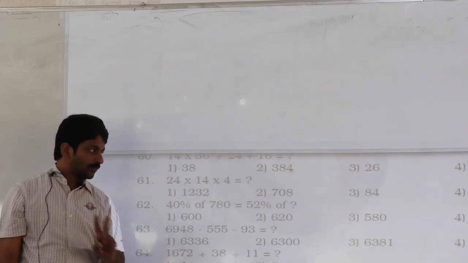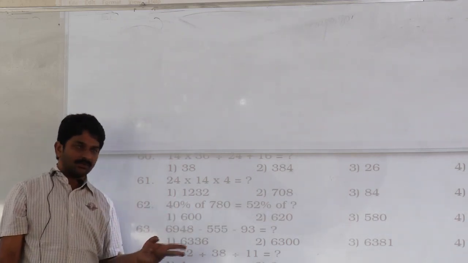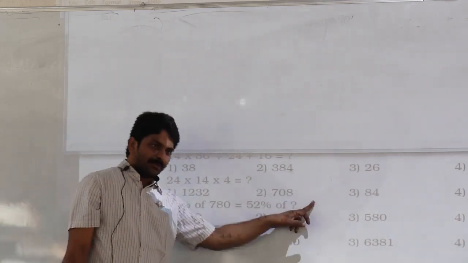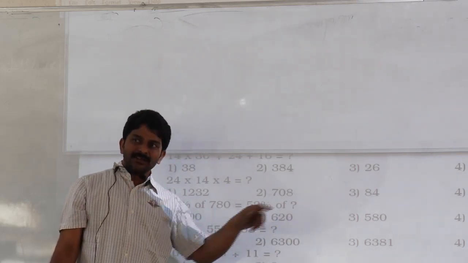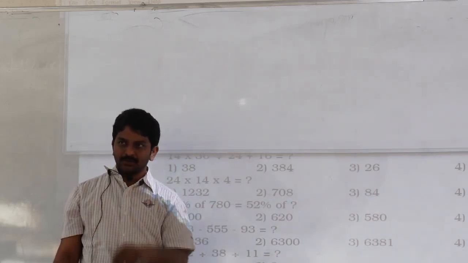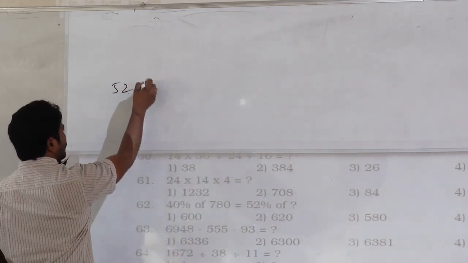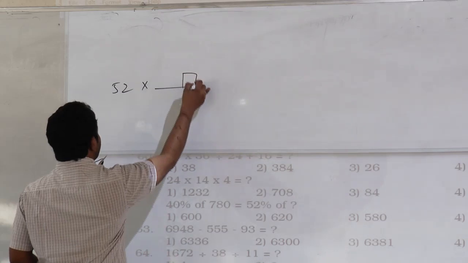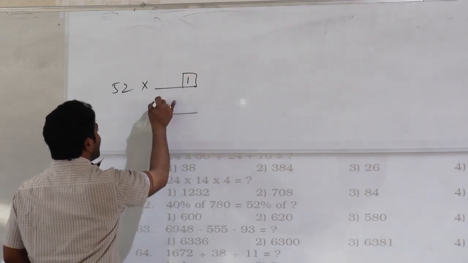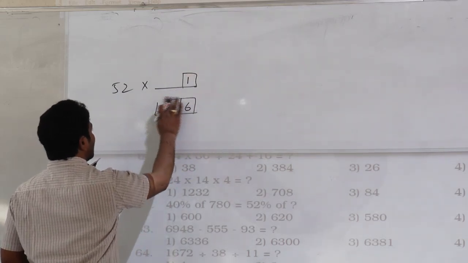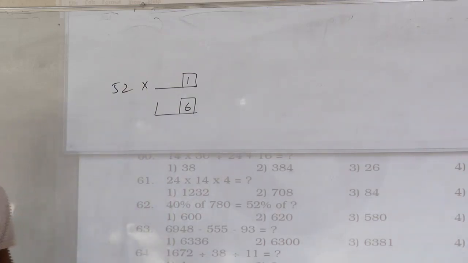Right hand side also 52% of some number we have. And there also the last digit should be equal to 2. Only chance is when you multiply 52 with a number which ends with either 1 or 6. Only ends with 2.